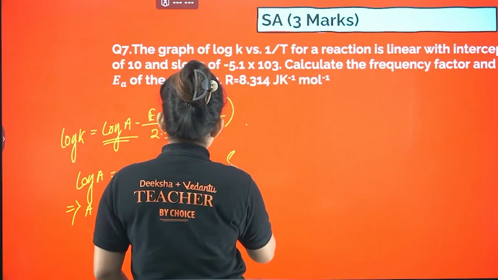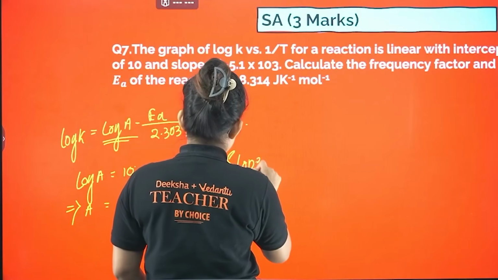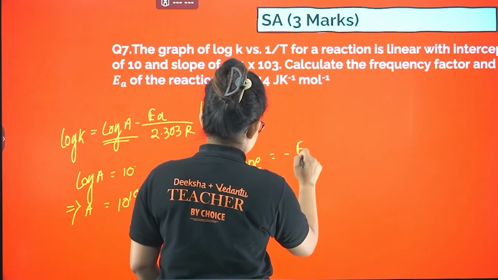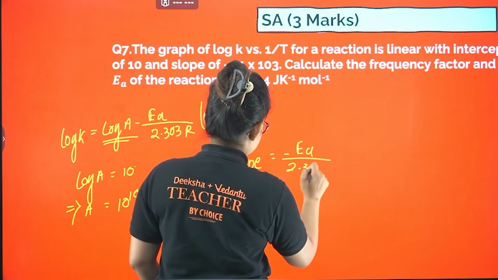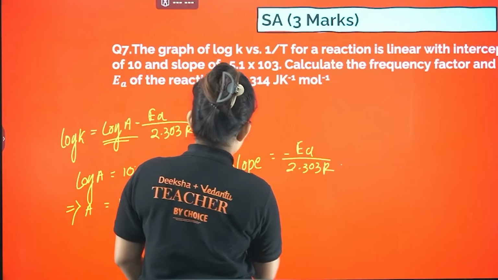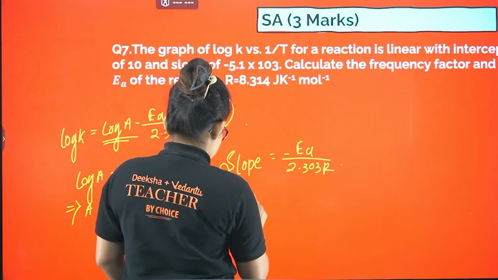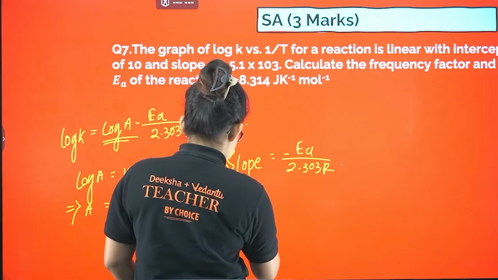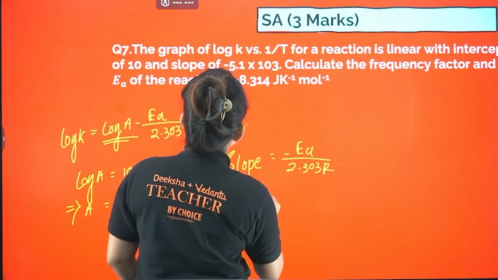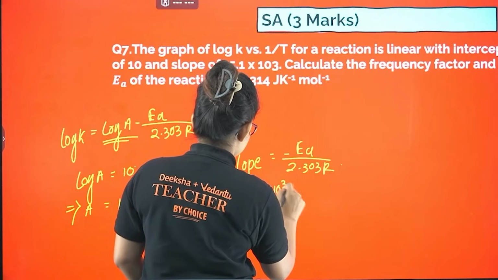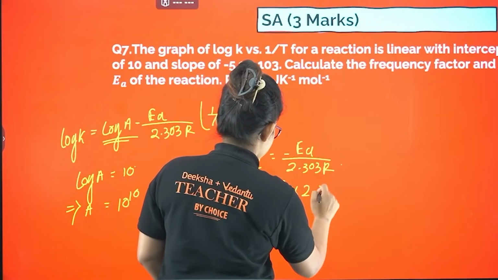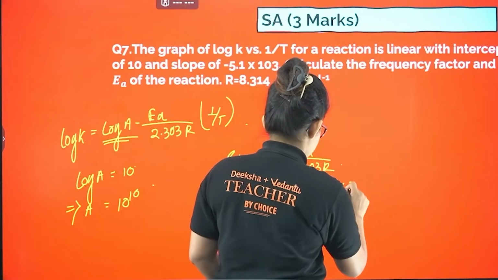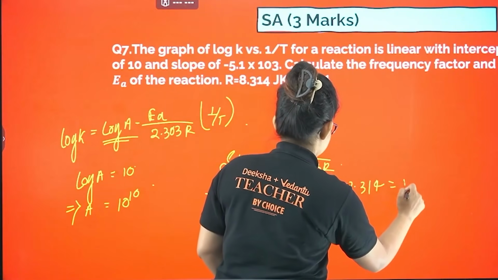From this straight line equation, slope we are having is minus EA by 2.303 R. Slope value is given as minus 5.1 into 10 cube. So let's multiply into 2.303 into 8.314, that is equal to EA.